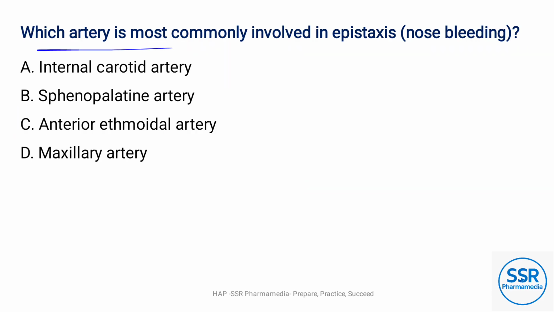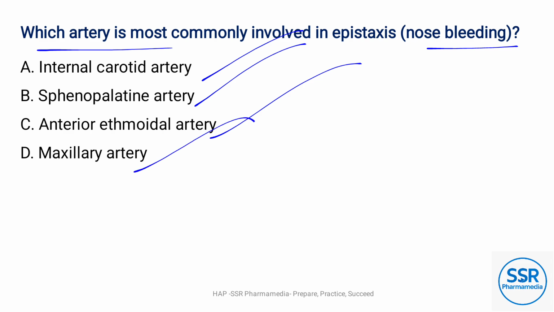Which artery is most commonly involved in epistaxis, which is nose bleeding? Option A, internal carotid artery. Option B, sphenopalatine artery. Option C, anterior ethmoidal artery. Option D, maxillary artery.